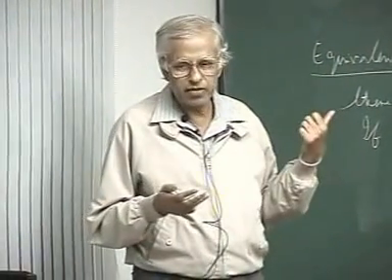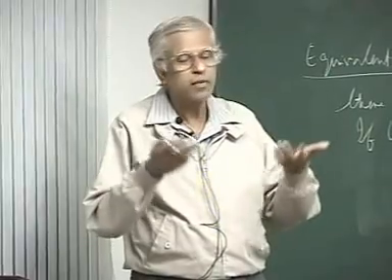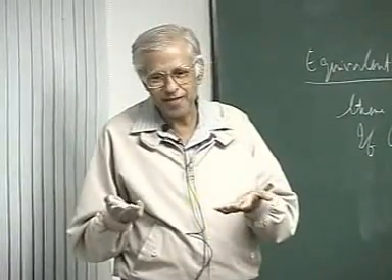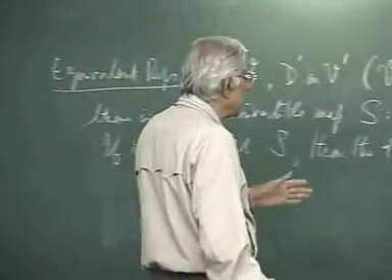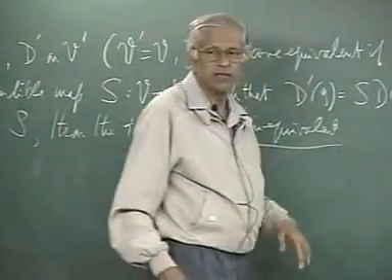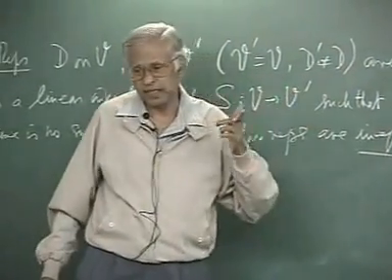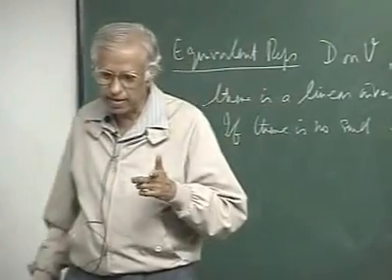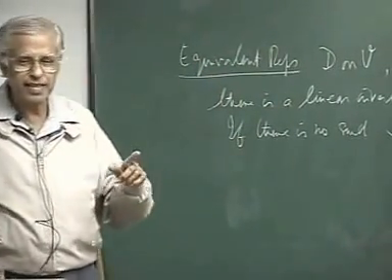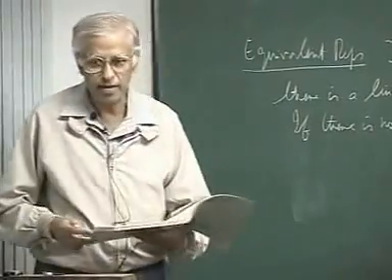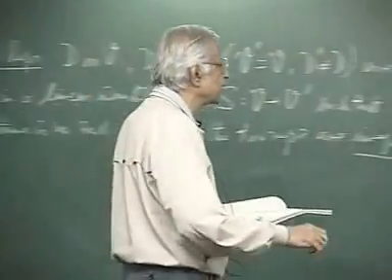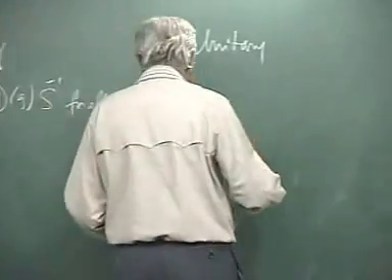If you are unable to find such an S, but somebody else is able to, then you have not solved the problem, but he has. The problem is to see, is there an S of this kind which obeys all these conditions? If there is, they are equivalent. If it can be shown that there is no such S, then you have shown that they are not equivalent. So it's not a simple thing, it involves work.